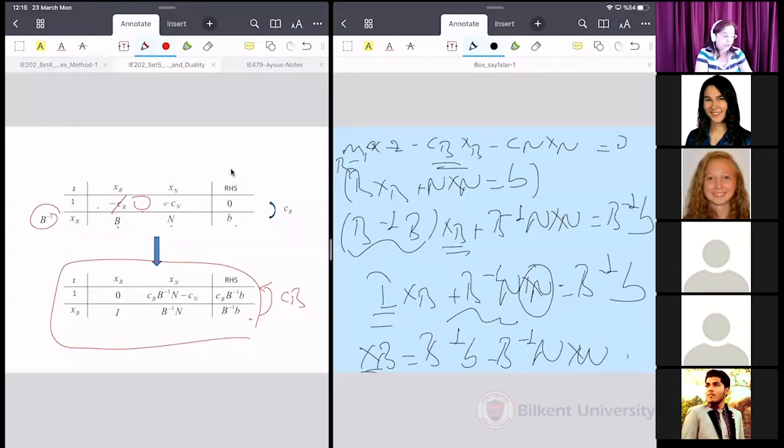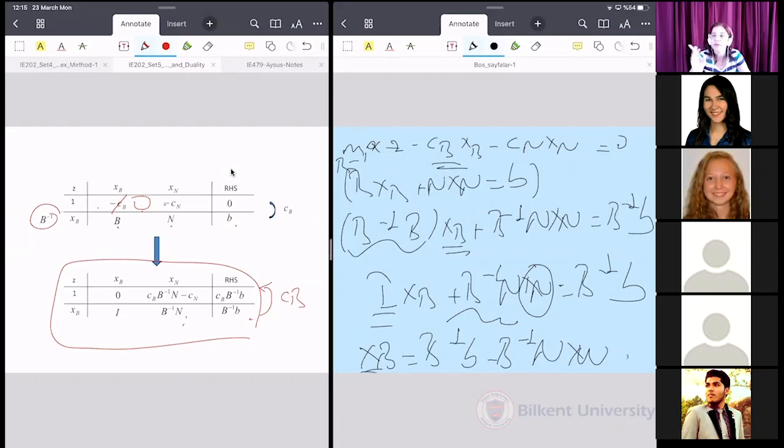Get the inverse, then multiply B inverse with the remaining N, and that will do the same thing. So do the math, do the algebra, and construct your simplex table immediately, without big M or two-phase, if I tell you that these variables are going to be the basic variables of your simplex table.